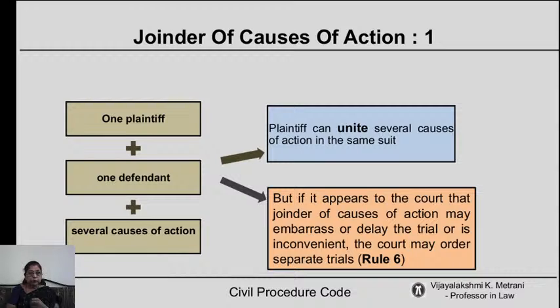Okay, but rule 6 comes in. Rule 6 says that power of the court to order separate trials, where it appears to the court that the joinder of causes of action may embarrass or delay the suit or is otherwise inconvenient, the court may order separate trials or make such other orders as may be expedient to the interests of justice.